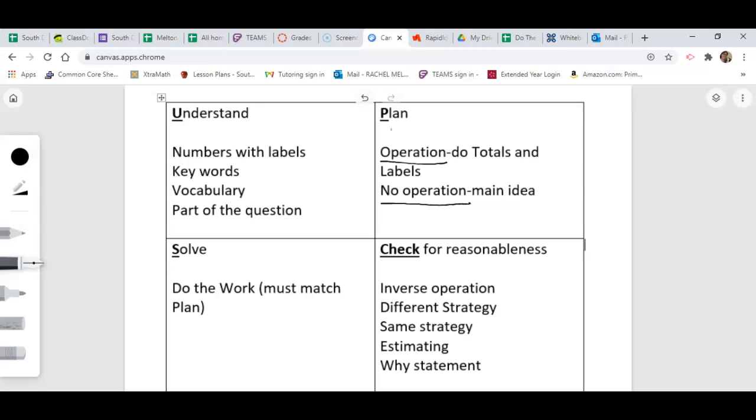So if I need to add, subtract, multiply, or divide, then I am going to do my totals and labels, and that I'm going to talk to you about just next. So I'm going to skip that part for a second. Okay, so if I know there's an operation, then I do my totals and labels. If there's no operation, then I want to write down the main idea.